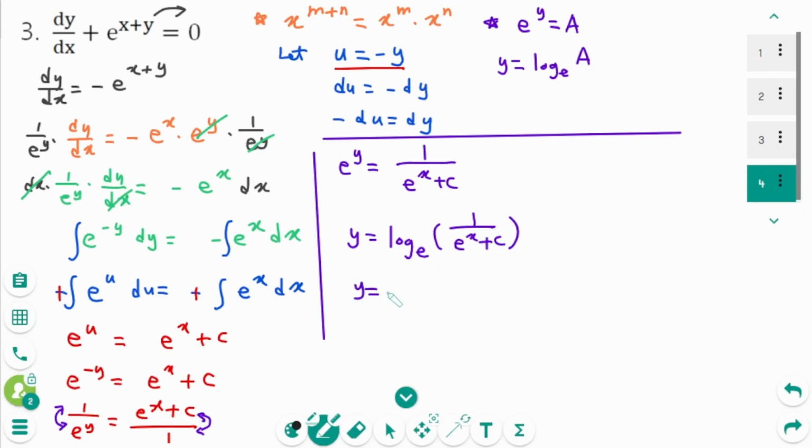Then y equals, this part means ln. Then this part, e to the power of x plus c to the power of minus 1, then minus 1 can come down, then minus ln e to the power of x plus c. This is the general solution.